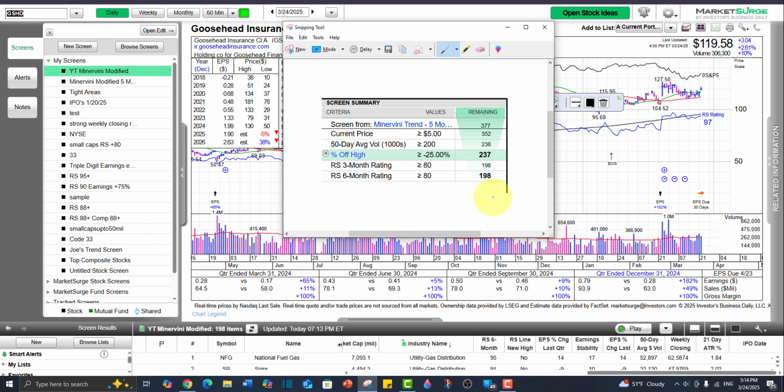You can jot these down or screenshot my screenshot. There might be some other ways that you want to change it and narrow it down even more. I don't like making my screens too narrow, because I would hate to miss out on the next NVIDIA because I accidentally screened it off of my screen, if you know what I mean.